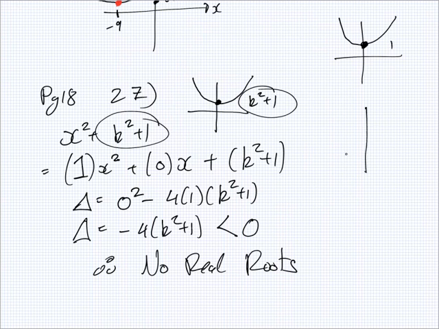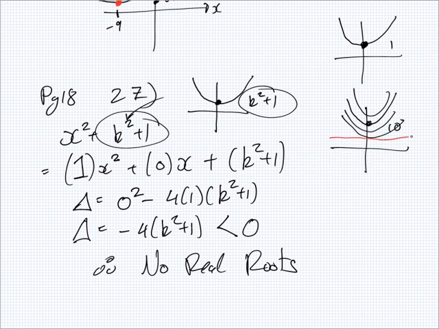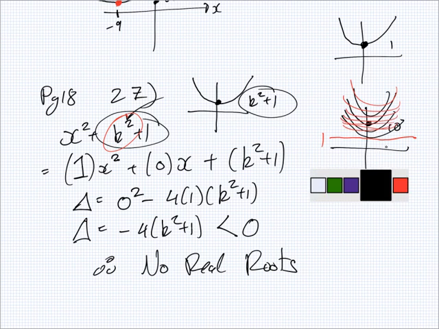If k was equal to 3, where would it intercept the y-axis? 10. Yeah, at 10, if k was 3. So, by changing the value of k, all you can really do is move the quadratic up and down the y-axis, but you can't move it any lower than what? 1. Yeah, you can't go any lower than 1, and that would only happen when k is 0. So, no matter what you do to the quadratic, you're always stuck a little bit too high for it to have roots. You can't cross it.